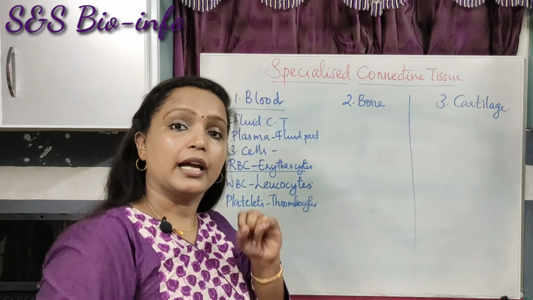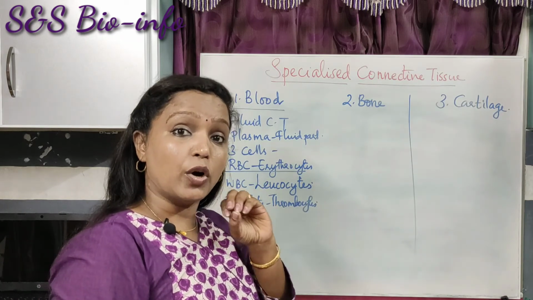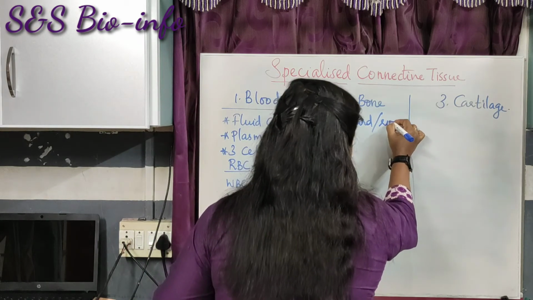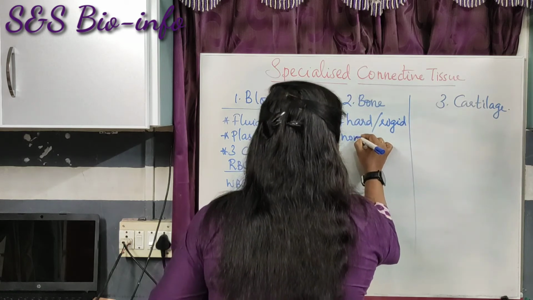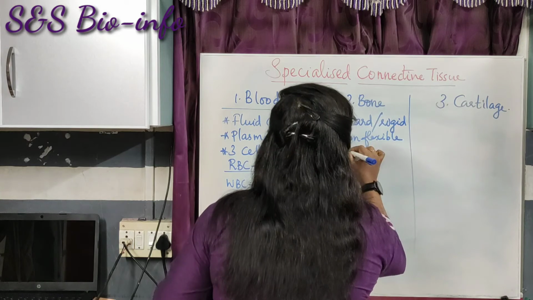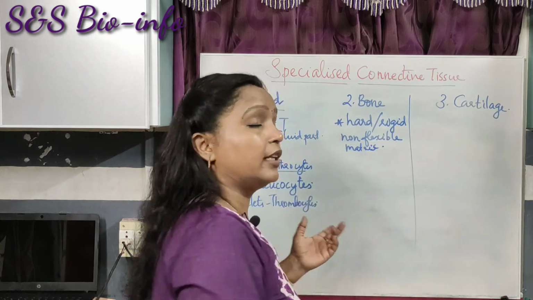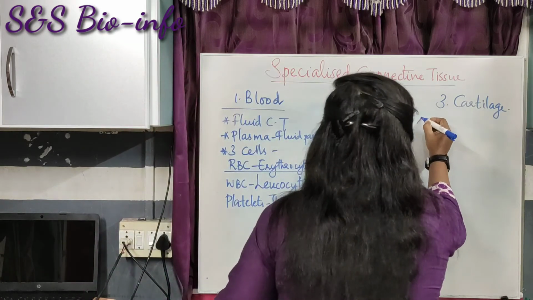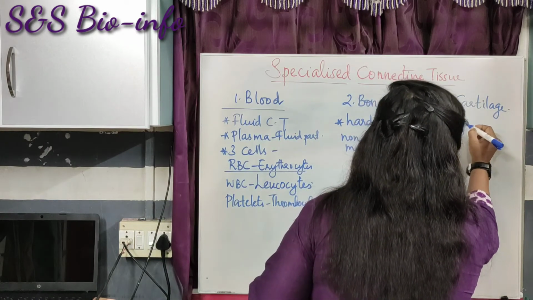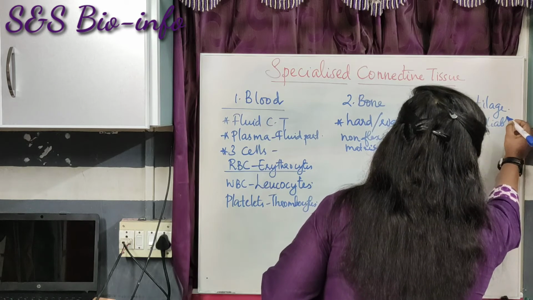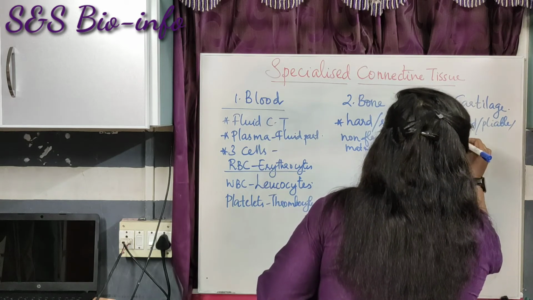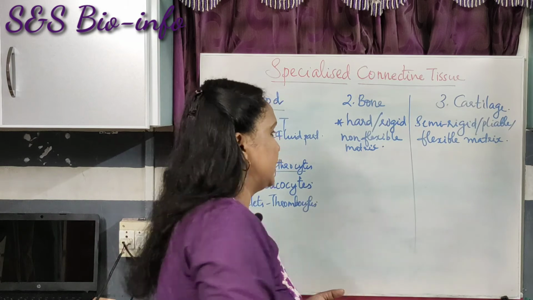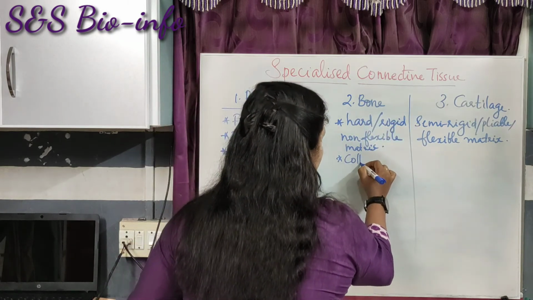The bone has a hard or rigid, non-flexible matrix, while the cartilage has a semi-rigid and pliable or flexible matrix, in which the collagen fibers are embedded. So both consist of collagen fibers.